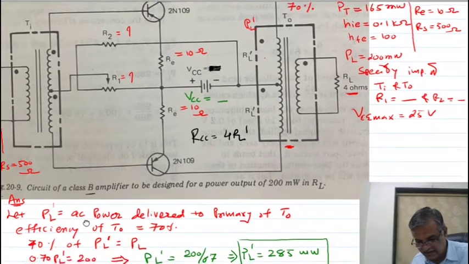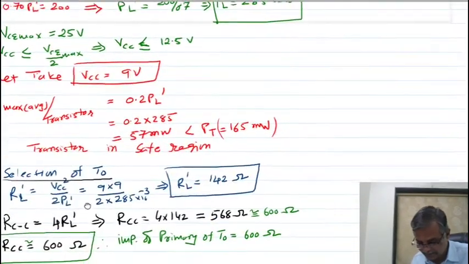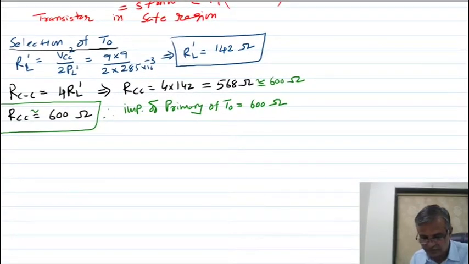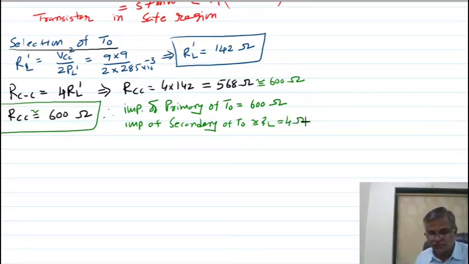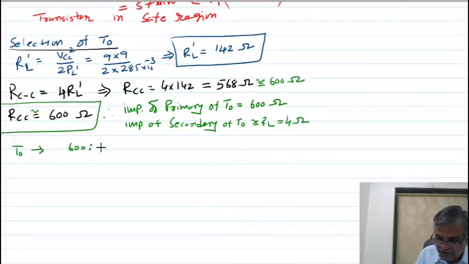So I can write, according to the maximum power transfer theorem, impedance of the secondary of TO should be of the order of RL. So it should be of the order of 4 ohm. So my TO should be 600 impedance ratio to 4 ohm.